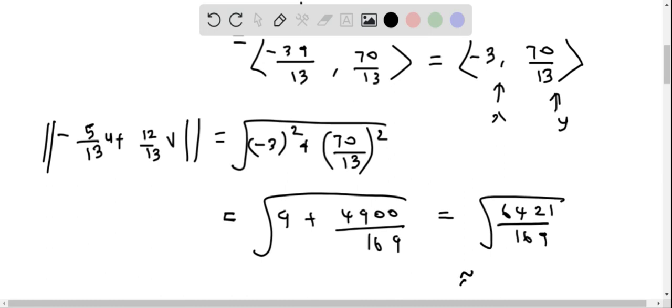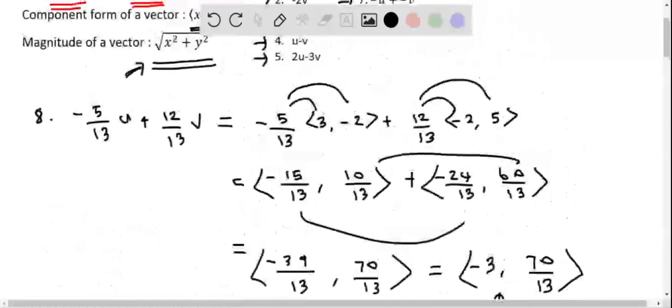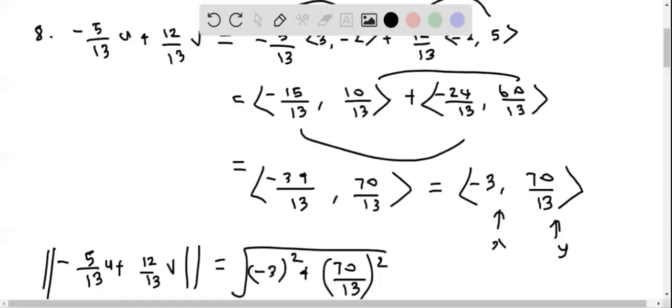And this is approximately 6.16. And this is the magnitude of the 8th vector, that is minus 5 by 13 u plus 12 by 13 v.